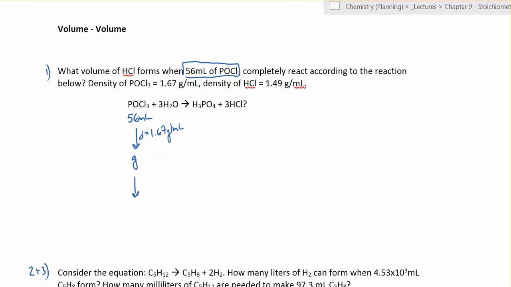The molar mass of POCl3 is 153.32 grams per mole. At this point, I can use my mole-to-mole ratio, which would be 3 moles of HCl that form for every 1 mole of POCl3 that's consumed.